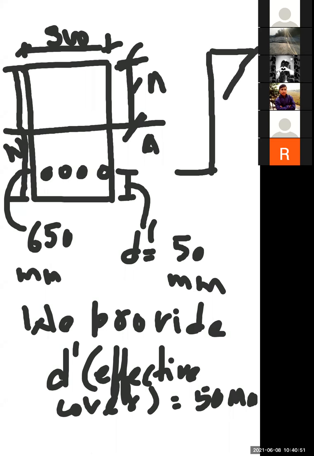So that I draw it like this. And in this case, we have to find out compressive stress C and tensile stress T है.